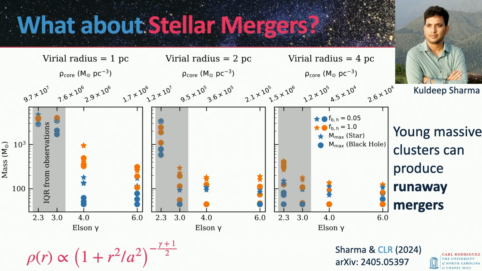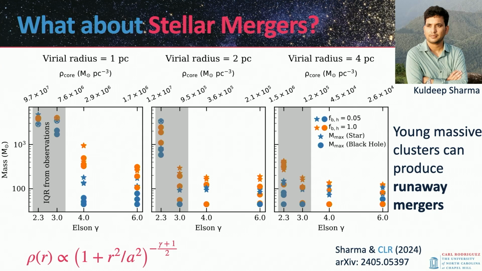And the idea was, well, we know from observations that most young star clusters that we've observed nearby have this gamma power law, following this sort of density profile down here, from about 2.2 to 3.2, give or take. For those of y'all that know some of this literature better, by the way, the Elson profile you can think of almost as a generalization of the Plummer profile. When gamma is equal to 4, this recovers the standard Plummer profile that we all know and love.